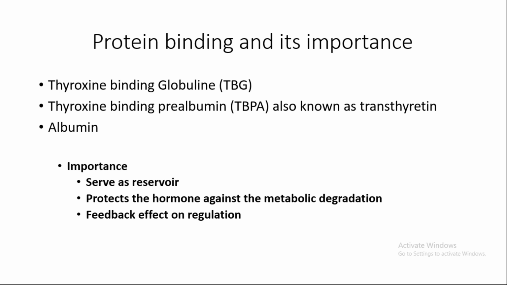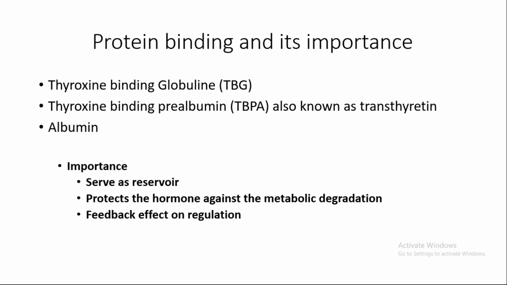This binding protein also helps protect the hormone against metabolic degradation, so the half-life of this hormone increases. So the circulating T3 and T4 half-life increases. T3 half-life is 1 day and T4 half-life is 7 days.